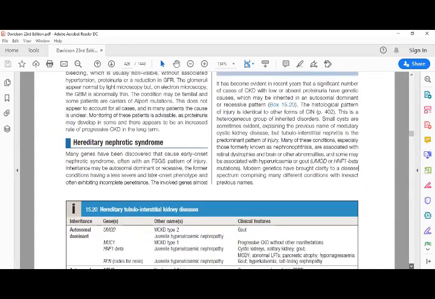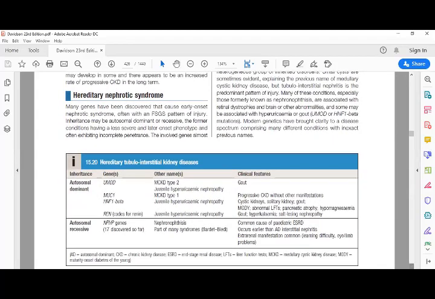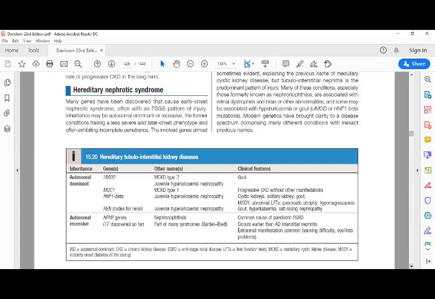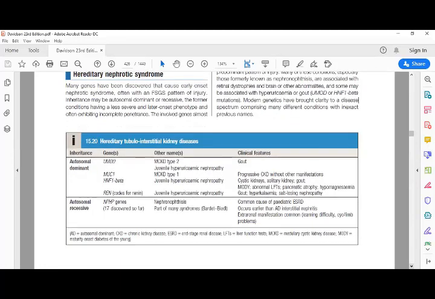Hereditary tubulointerstitial kidney disease, autosomal dominant, is characterized by medullary cystic kidney disease with gene defects UMOD, MUC1 and HNF1 beta, and then medullary cystic kidney disease type 2, juvenile hyperuricemic nephropathy type 1, characterized by gout and progressive CKD without other manifestations.